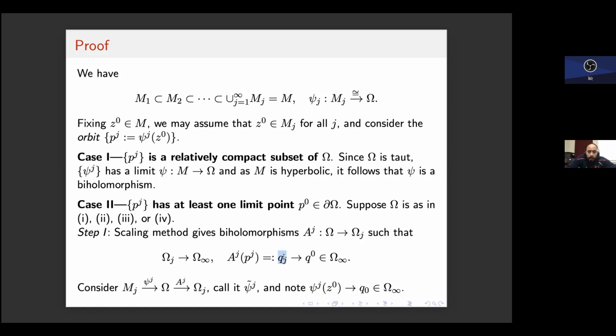They converge to some interior point in the limiting domain omega infinity. Now let's consider the following composition. We have this biholomorphism Cj from Mz to omega, the initial biholomorphisms that we started with. We also have the scaling map, so we compose them. Let's call this composition Az composed with Cj by Cj tilde.